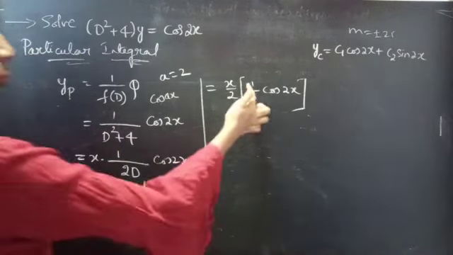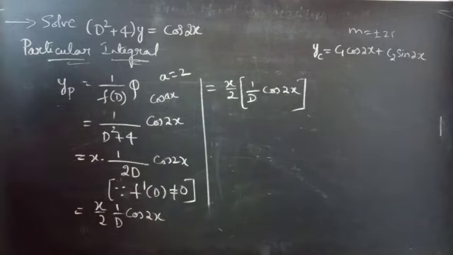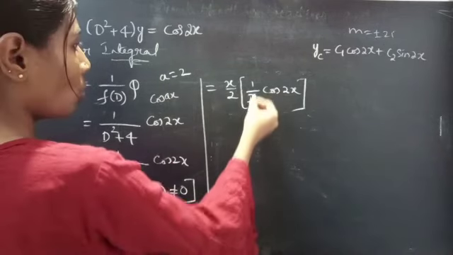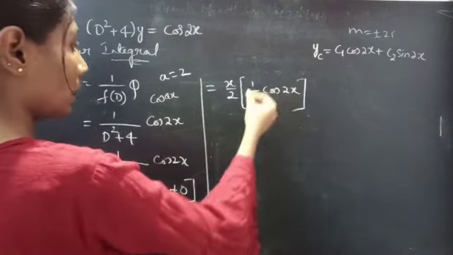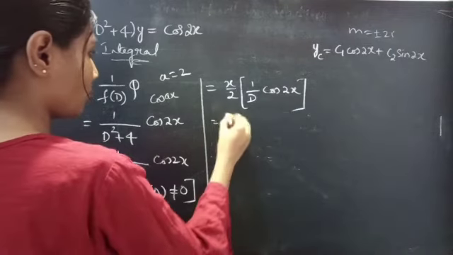We know that 1 by D is the inverse of the differential operator. So here 1 by D into cos 2x means the integration of cos 2x.